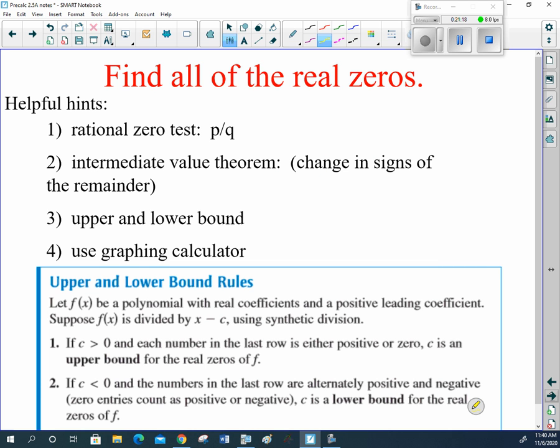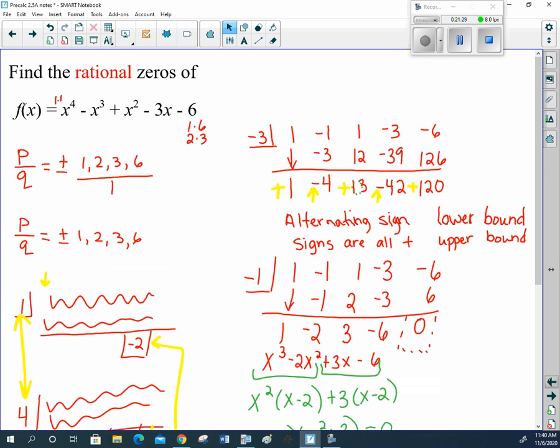And then, of course, if you're allowed to use your graphing calculator, it is going to be the best tool. So let's take that equation that we just had, x to the 4th, and type it in our graphing calculator.